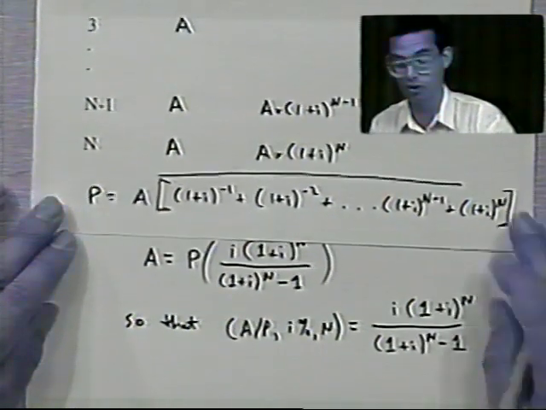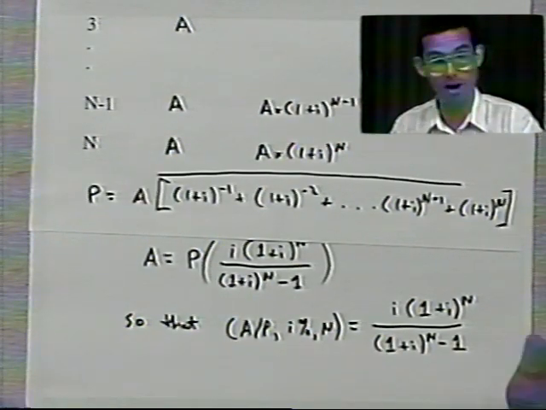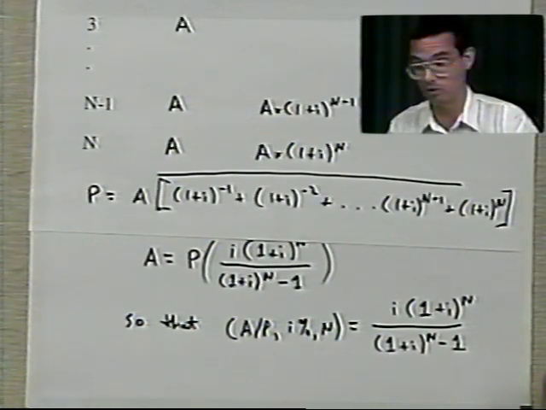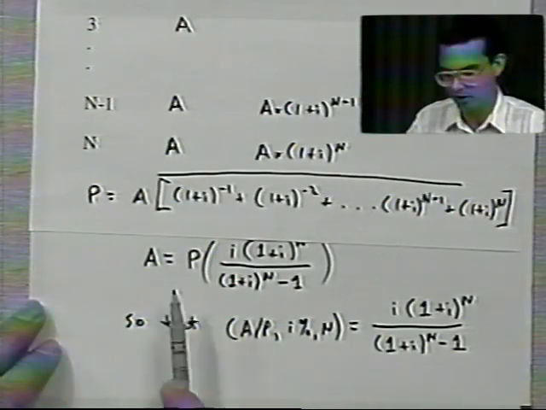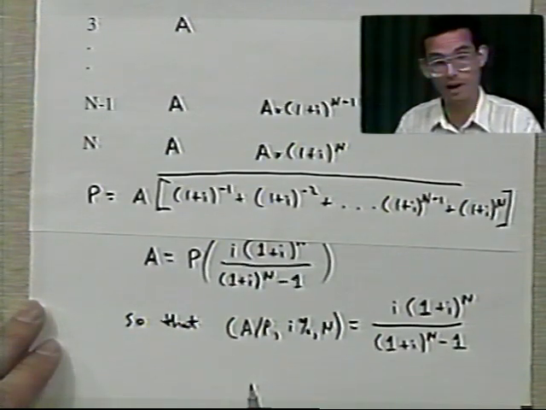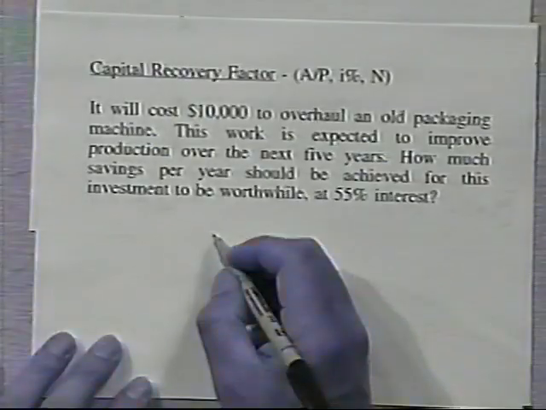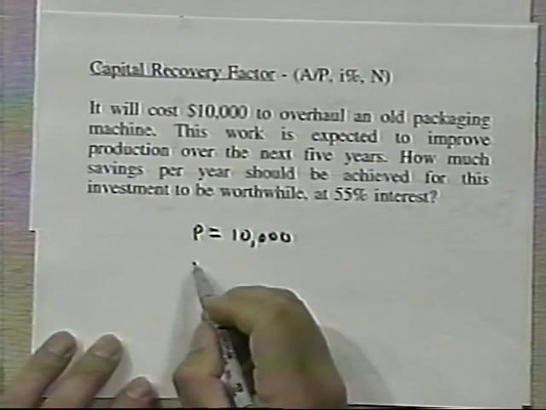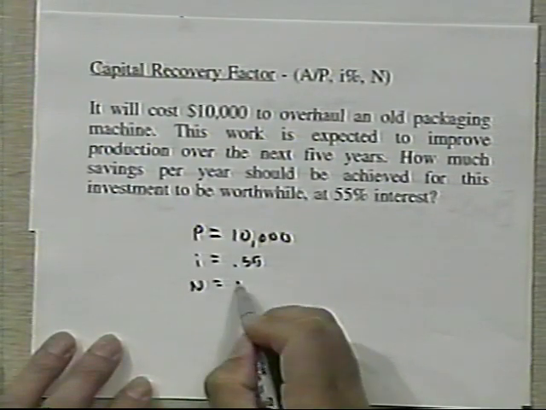And just because I forgot to mention it earlier, this name, capital recovery factor, you can see comes from the very kind of problem we're illustrating here, where we're investing capital, the $10,000 into overhauling the packaging machine, and we're recovering it with savings. So this tells us, the A, how much savings we have to recover that capital investment. So for our original problem, we've got a P of $10,000, an i of 0.55, and an N of 5.